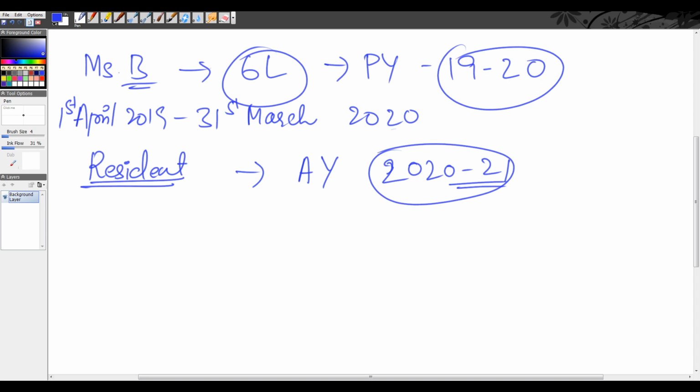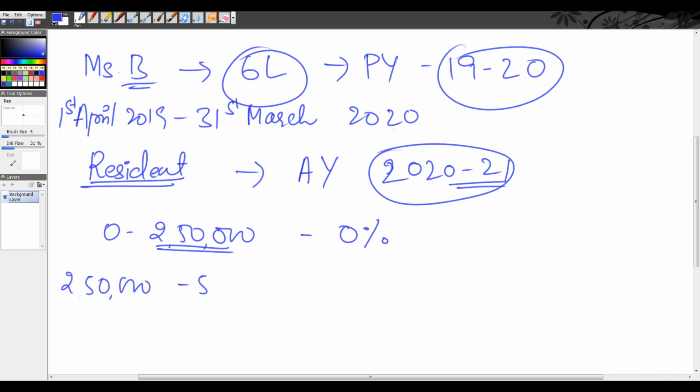Once upon a time there used to be concession for women assessees. Now there isn't any such concession. Let's look at the slab rate then. So 0 to 2,50,000, there won't be any tax, so therefore 0%. Her income is of course 6 lakhs. It has crossed this basic exemption limit of 2,50,000. The next rate or slab is 2,50,000 to 5 lakhs.